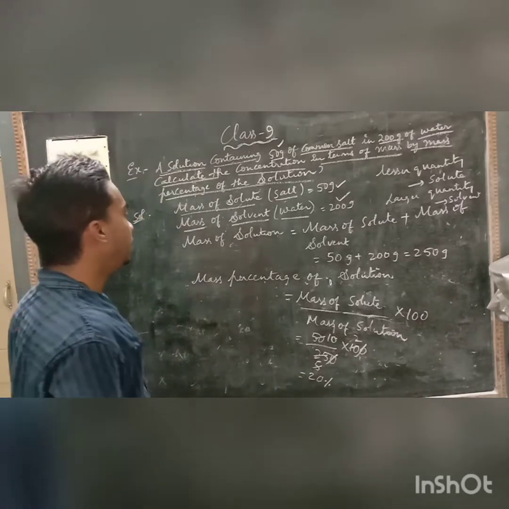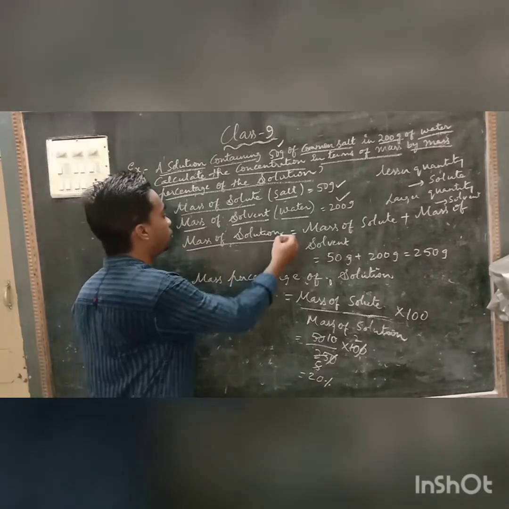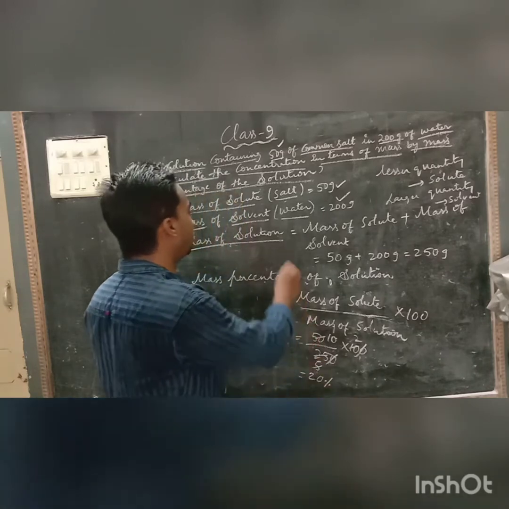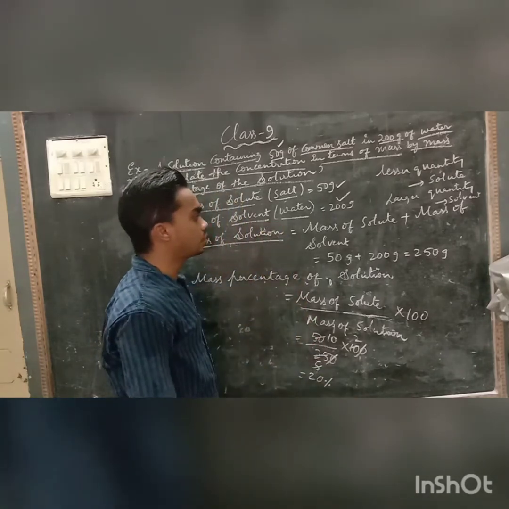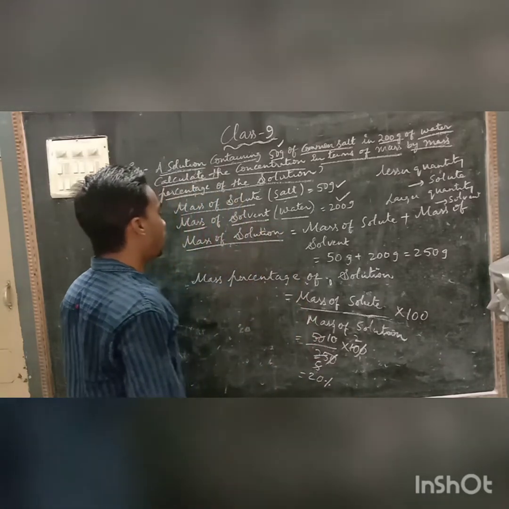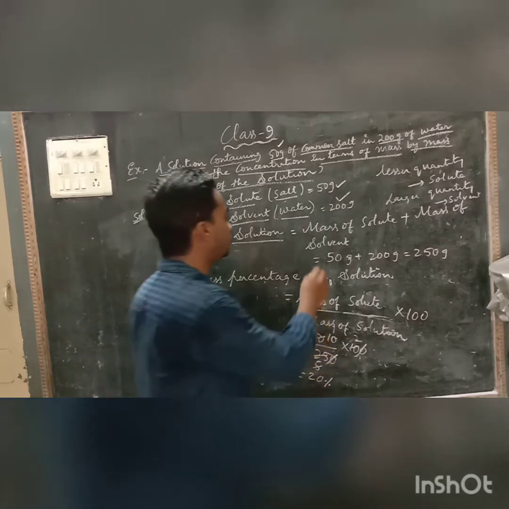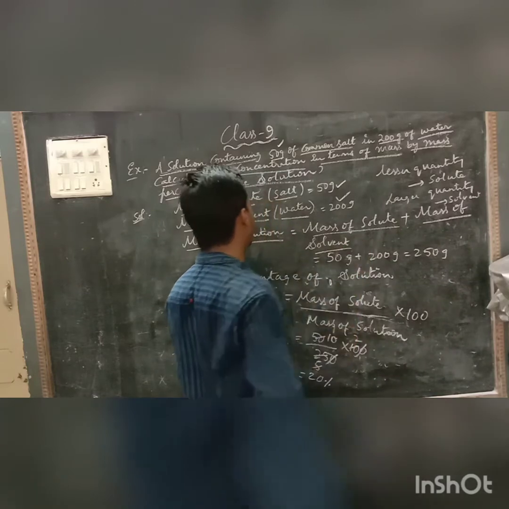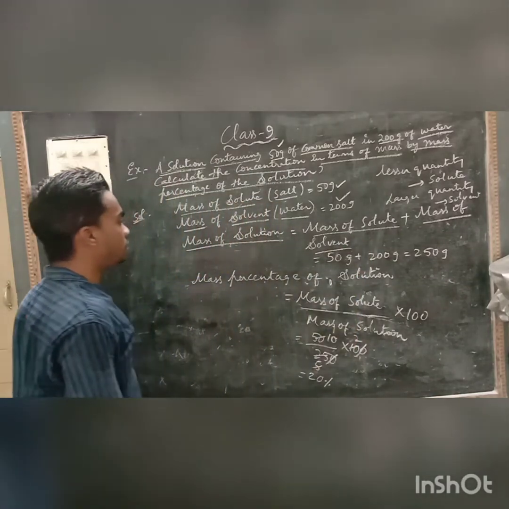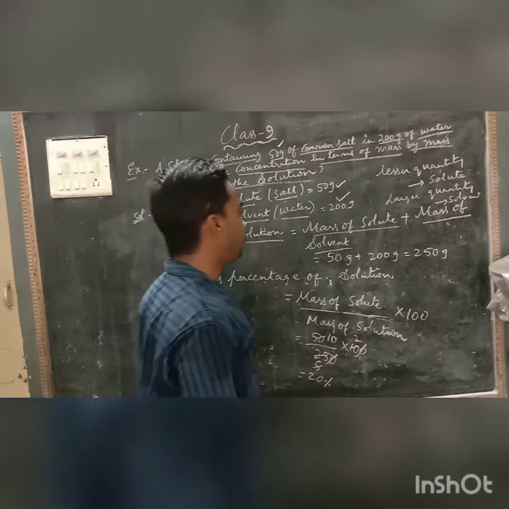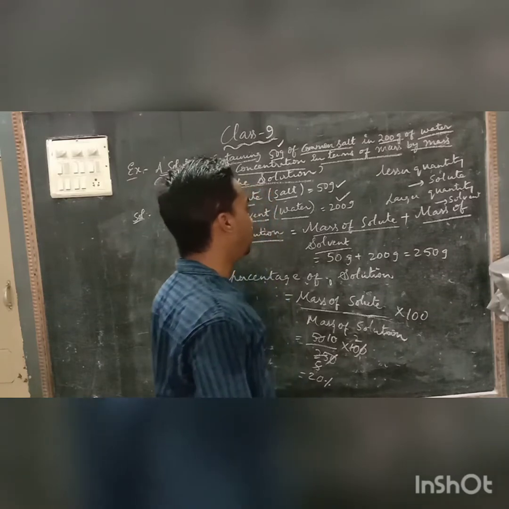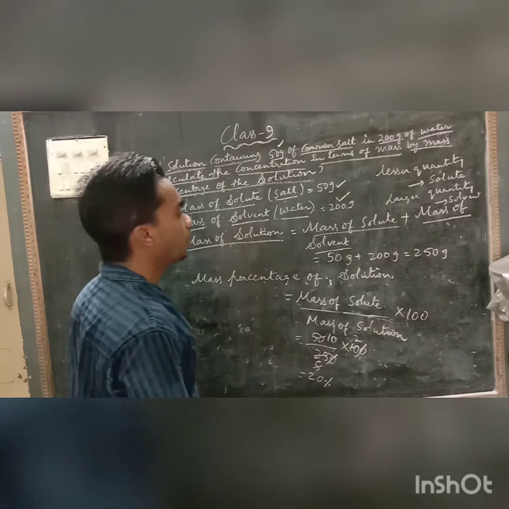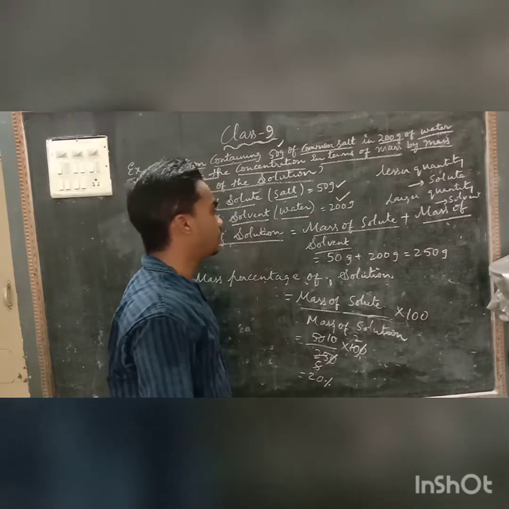Next, we need to find the mass of solution. We have already said solution is nothing but solute plus solvent. Mass of solution is equal to mass of solute plus mass of solvent.